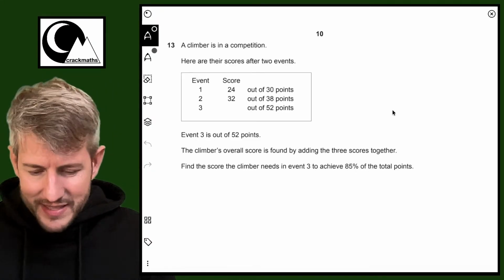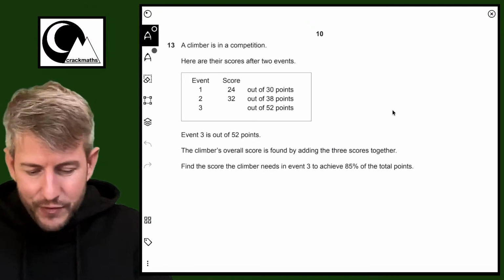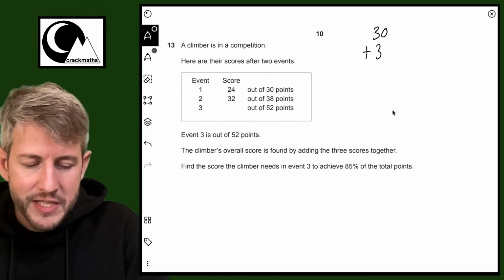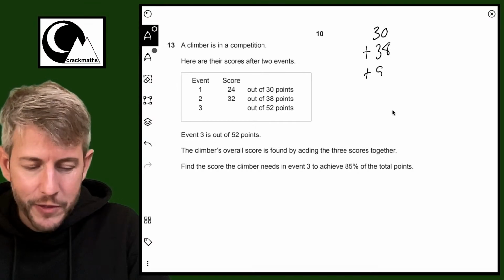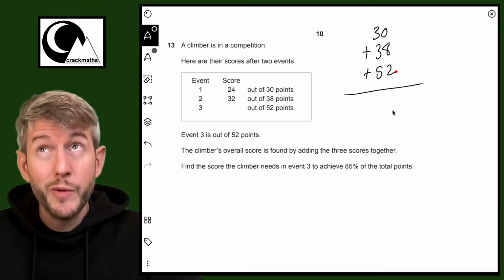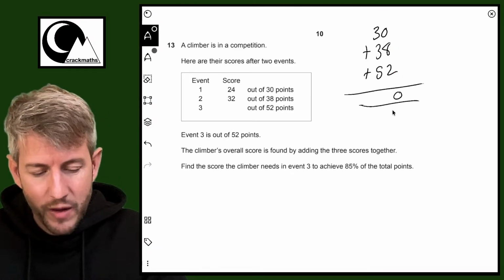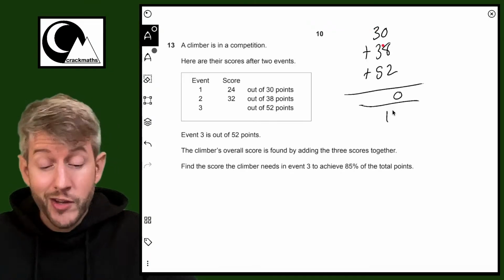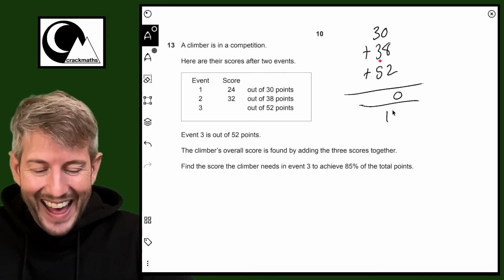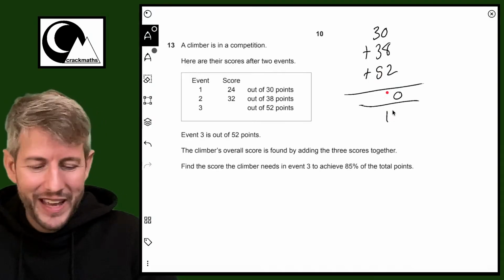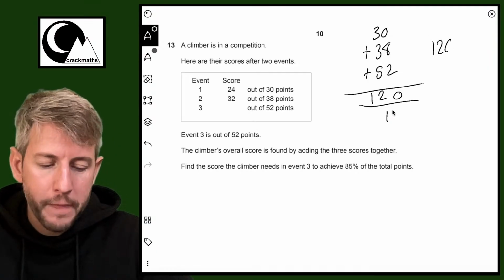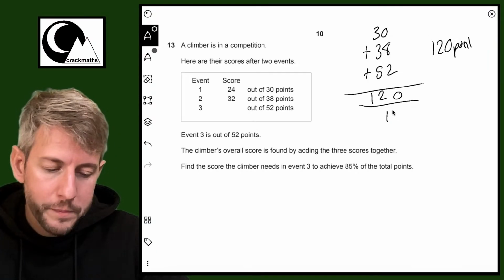So first of all, let's add up these points here. 30, add 38, add 52. 0 add 8 is 8, add 2 is 10. So 0 here, 1 here. 3 add 3 is 6, add 5 is 11, add 1 more is 12. So 120 points total is what is available.